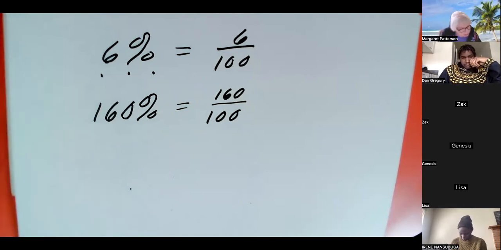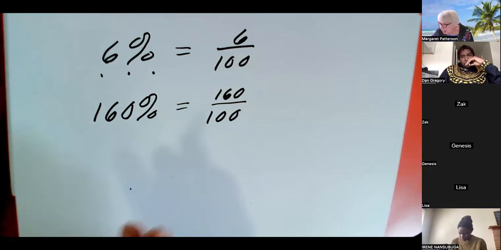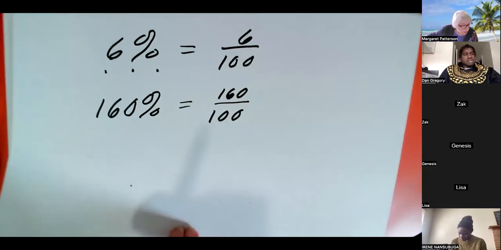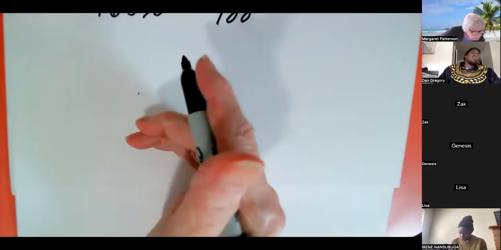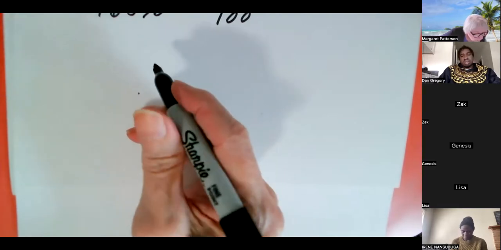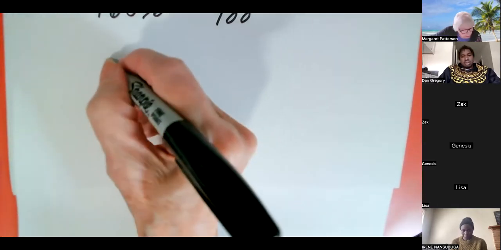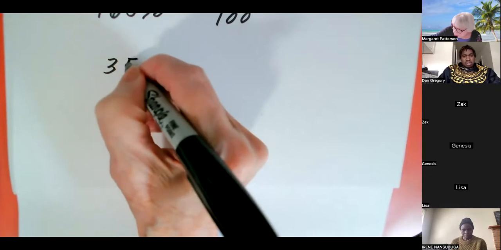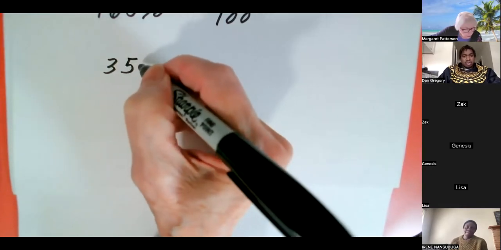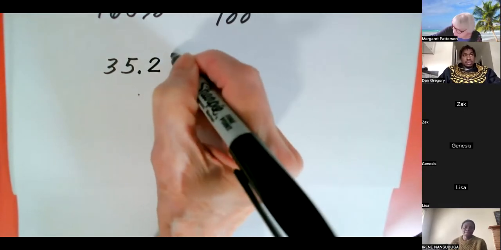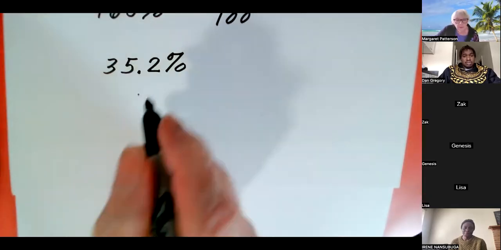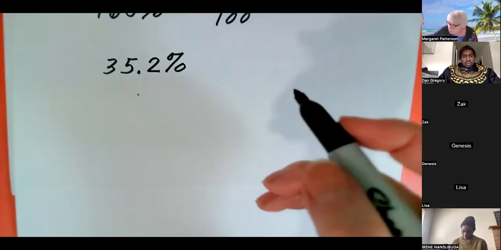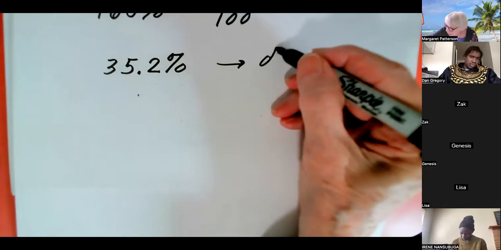So let's see what else. Now 35.2%. Now I want to turn this into a decimal.